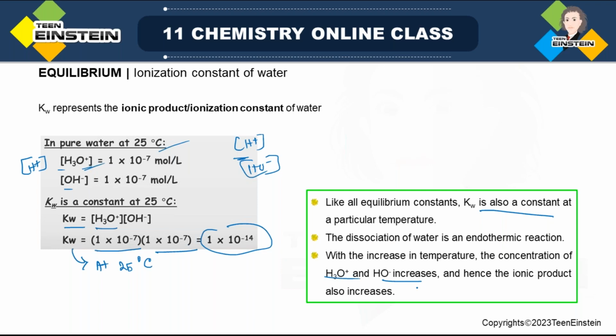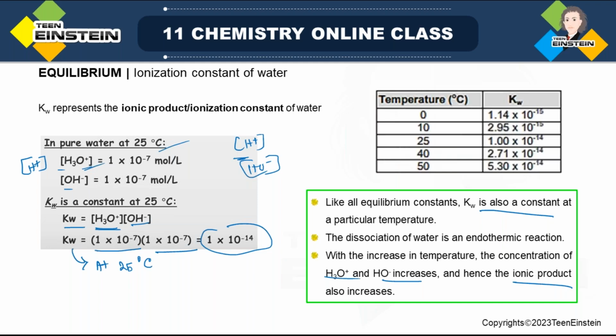The process will shift from left to right more and more. So the H3O plus concentration and HO minus concentration will increase, and as a result the ionic product Kw will also increase.